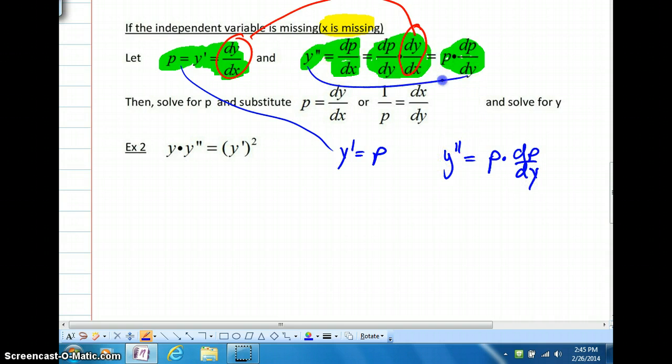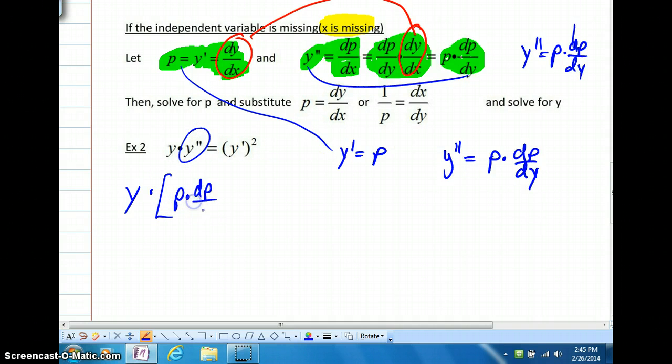And like I said, this all is proven via the chain rule. So let's jump back in. You've got a y out in front. Understand, that's not one of our substitutions. We keep this y right here. Y double prime becomes p times dp dy. Y prime is just a p.